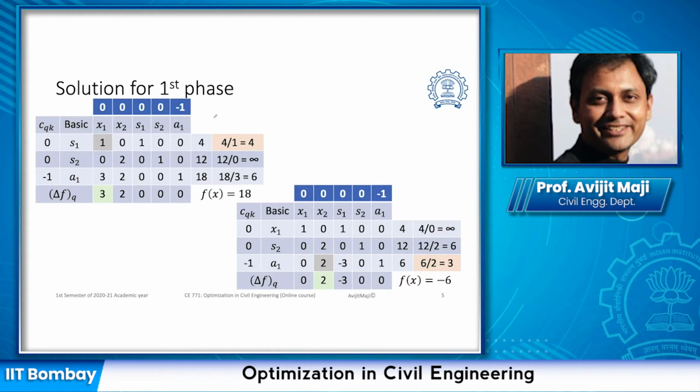In the first phase, for the artificial variable, we are going to indicate the coefficient as -1 and use that as one of the basic variables, and try to solve the tableau considering all the other variable coefficients as 0.